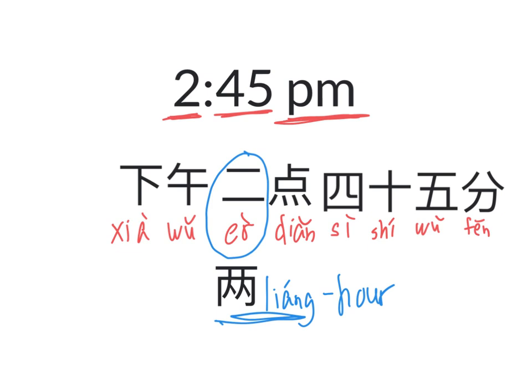Your answer should be 两点 instead of 2点. Although I would still accept 2点, this is the more proper pronunciation for 2:45 in the afternoon. Don't worry, only 2 has another number. The rest are the same.